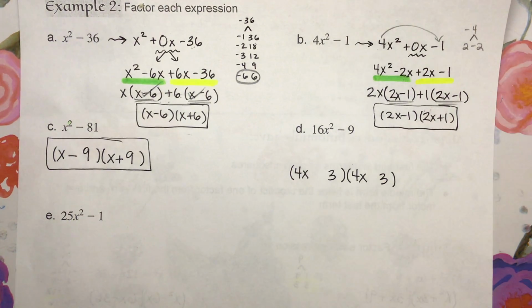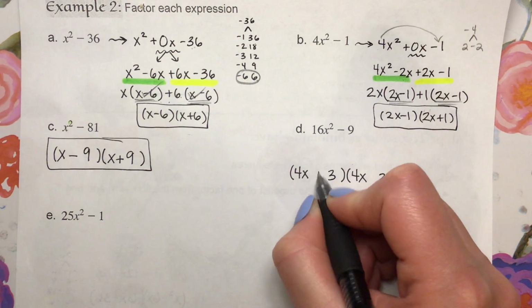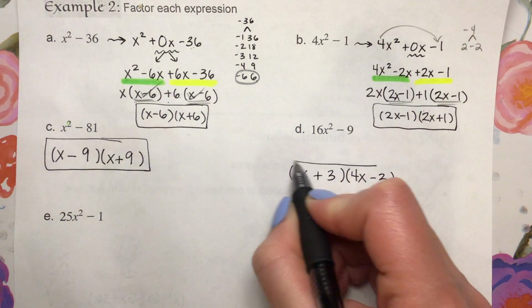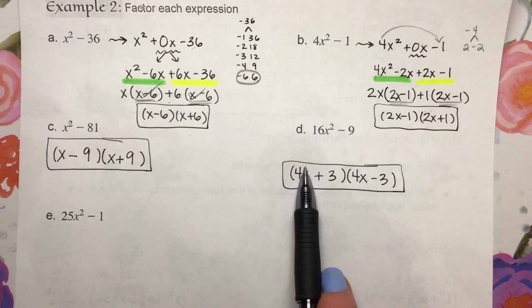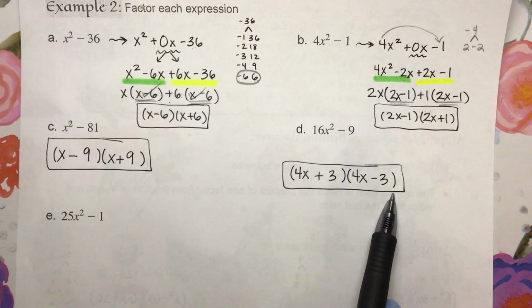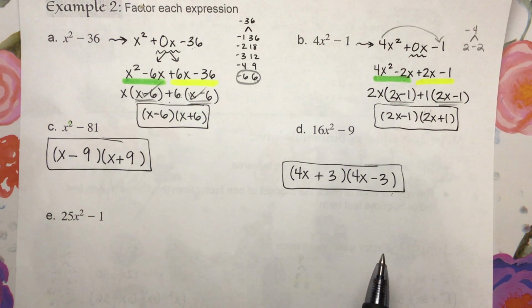Now, because I need to keep following the pattern, I'm going to have a plus sign and a minus sign. The reason I need opposite signs is because when I distribute this back out, that will cause the middle term to cancel and become a 0. If they were both negative or they were both positive, they wouldn't be able to cancel. Remember, in order for things to cancel, they have to be opposite numbers.